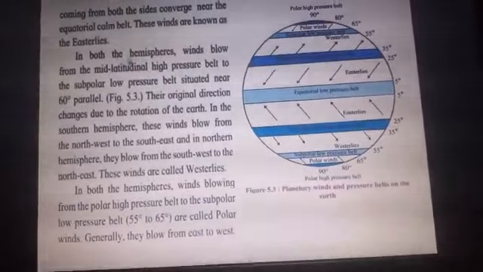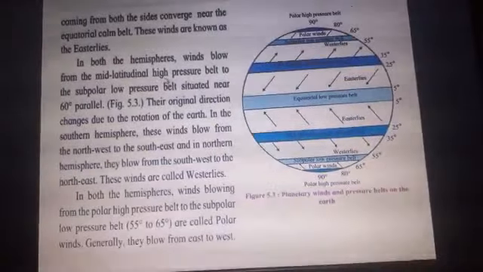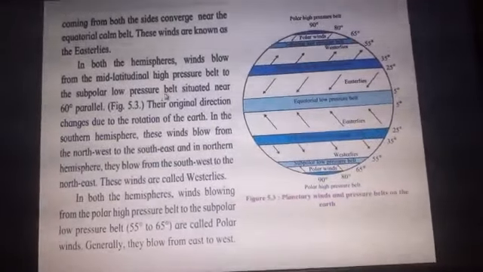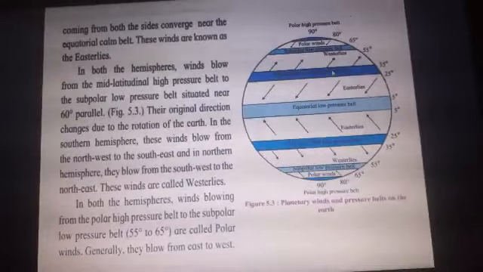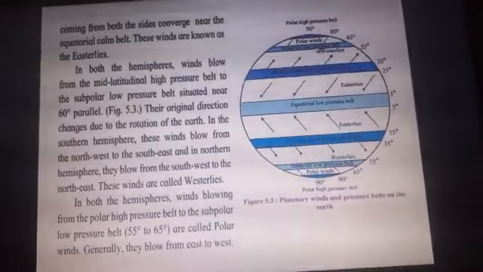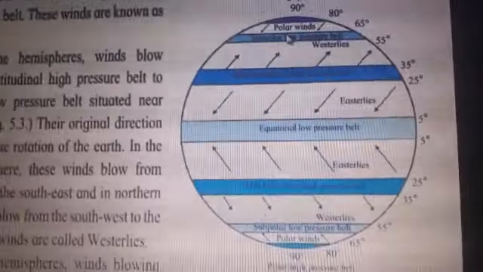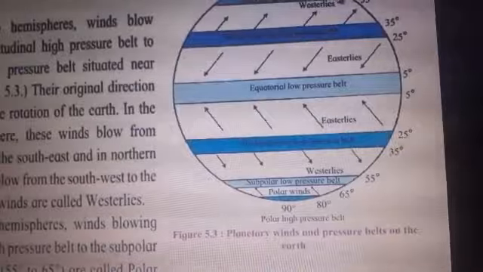In both the hemispheres, winds blow from the mid-latitudinal high pressure belt to the subpolar low pressure belt situated near 60 degree parallel. Now if you see here, what they have said, from where? That is the subpolar low pressure belt. See, this is the subpolar low pressure belt, this area, right? So winds are blowing from where? Subpolar low pressure belt, that is near 60.